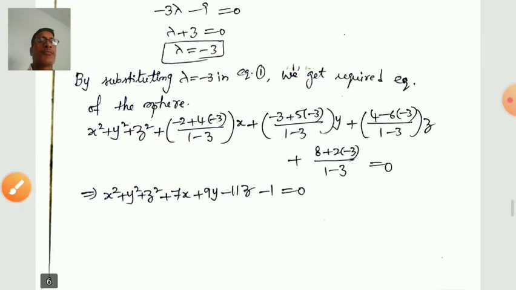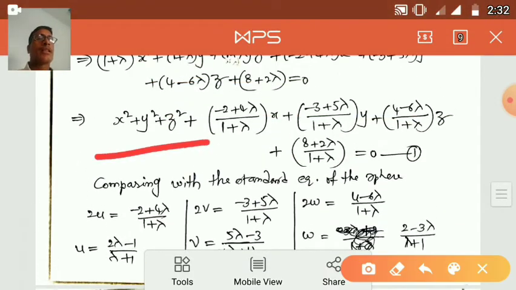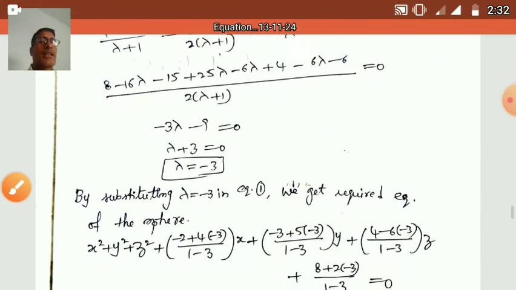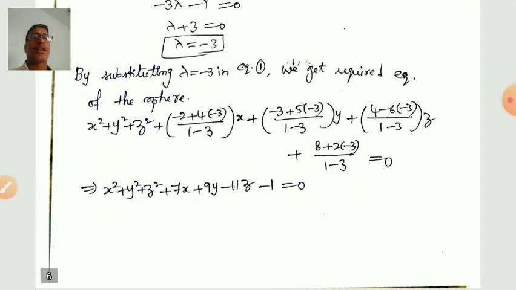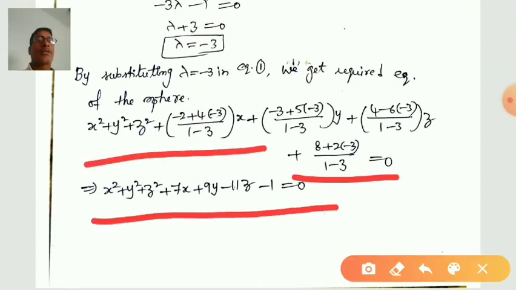Here is equation 1. Put lambda is equal to minus 3 in the above equation 1, and on simplification we will get x square plus y square plus z square plus 7x plus 9y minus 11z minus 1 is equal to 0.